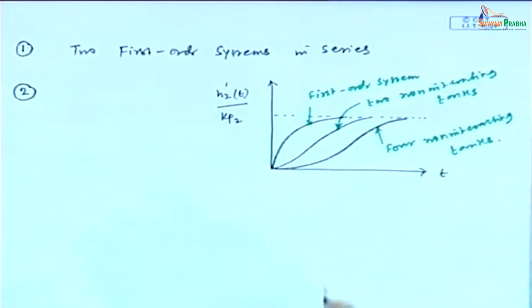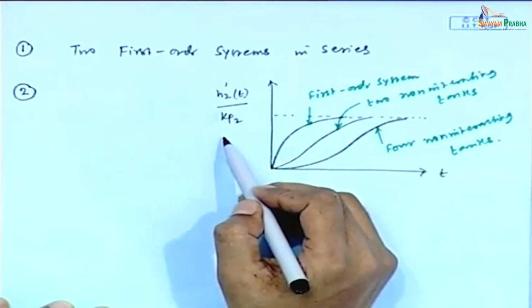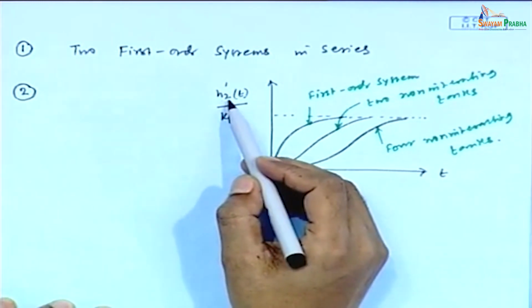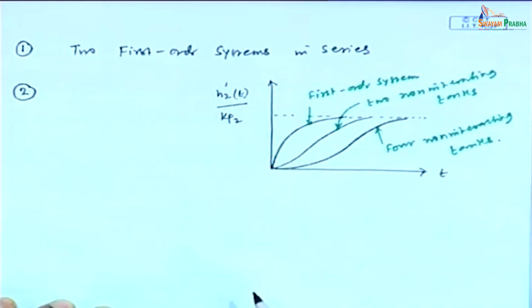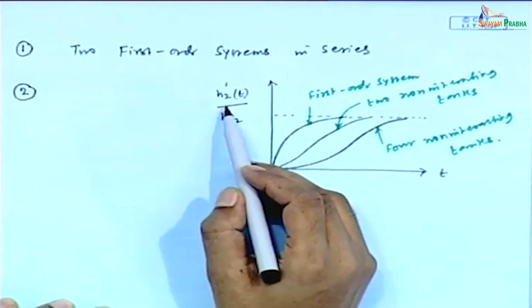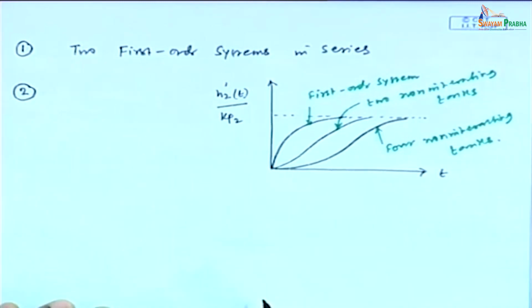Fine. For the first order system, this should be H by Kp. For two non-interacting tanks, this should be H2 prime divided by Kp2. For four non-interacting tanks, this should be H4 prime(t) divided by Kp4. So, this is the dynamic behavior of three systems.